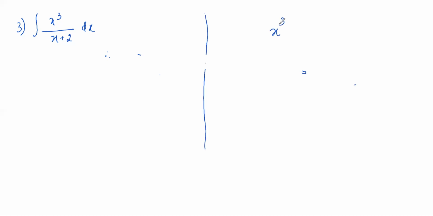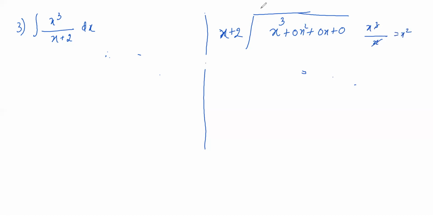We'll write x cubed, 0 x squared, 0 x, 0 constant, then the denominator x plus 2. The first term x cubed, here the first term x, so x gets cancelled, we get x squared.